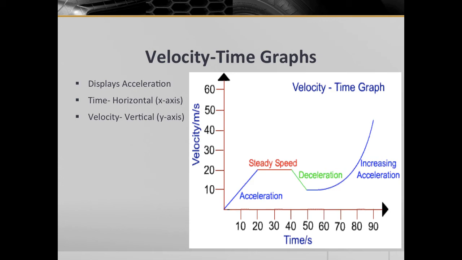Then, as you can see, the blue line toward the end, at 50 seconds all the way up to 90 seconds, the speed is increasing. The acceleration is increasing.